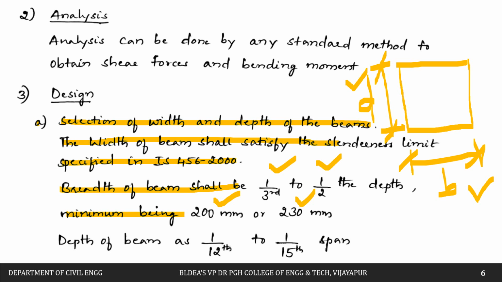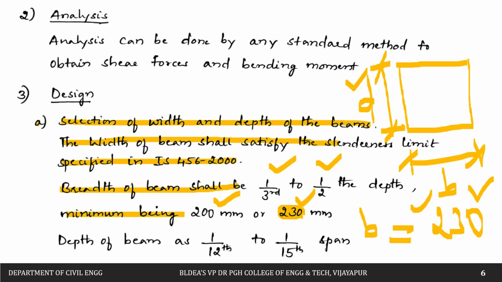Generally here in Bijapur, we are constructing 230 mm thick walls, that is 9 inches. So we keep the width of the beam equal to 230 mm. Why? Because it will be in the same line, flushed with the wall, so we are not going to have any offset. It doesn't look odd. Therefore we keep it as 230 mm.